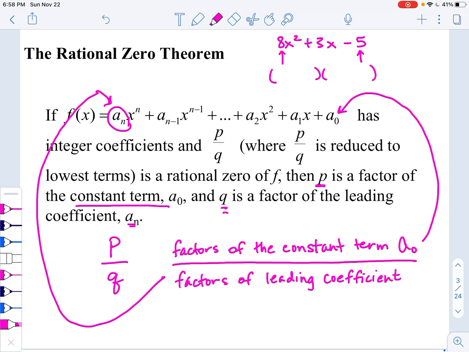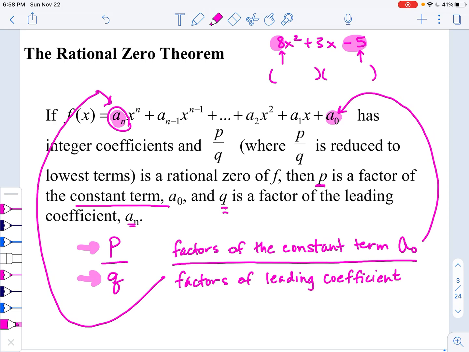The difference is that once we find the factors of the constant term, we put those on the top of the fraction, and the factors of the leading coefficient go on the bottom. You're looking at those factors, but we're going to write them as a ratio, a comparison: the factors of the constant term divided by the factors of the leading coefficient.